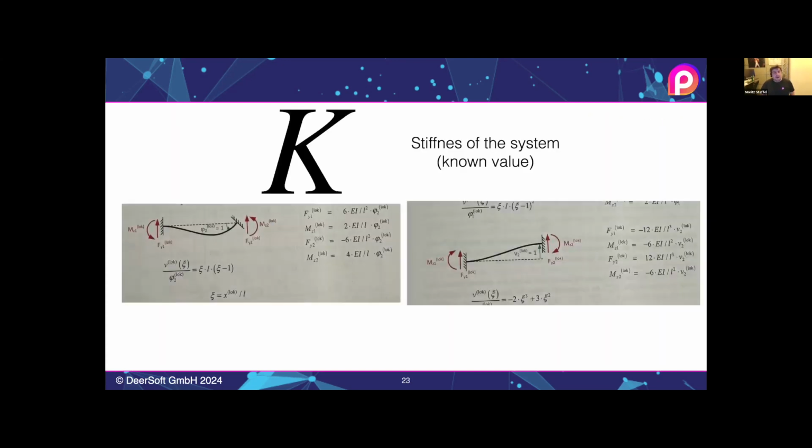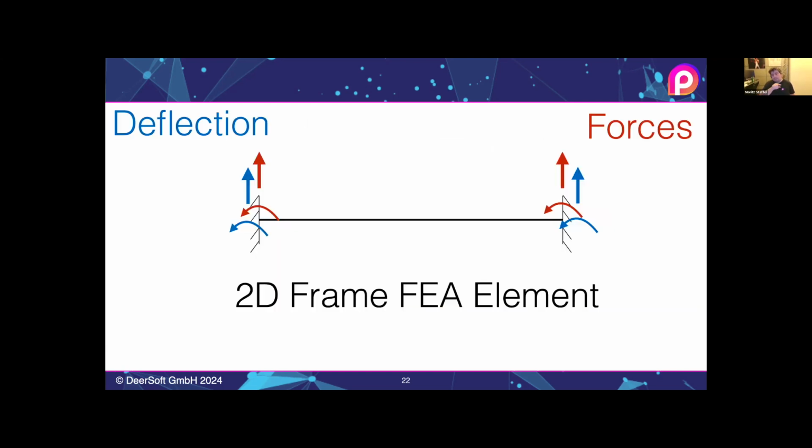The first part of our equation we need out of this is the actual stiffness of the system. For each of the different moments and forces, there's a relation between the forces that you apply. You don't need to look at the values in there, but you just need to know that we are calculating the stiffness of the system using the specific rules for each of the internal 2D FEA elements.